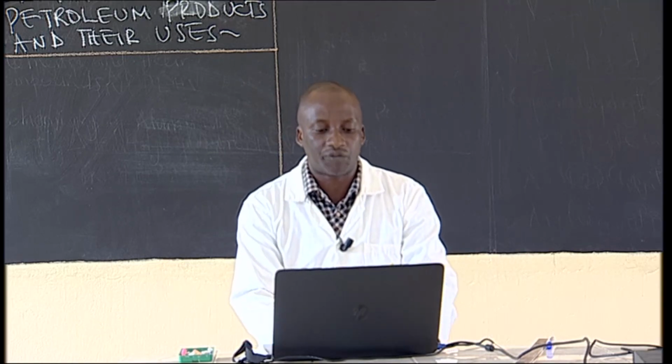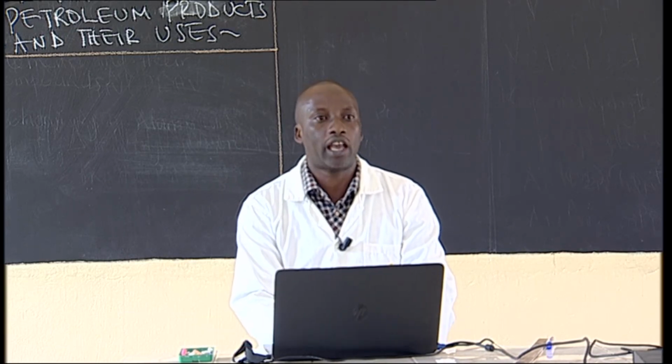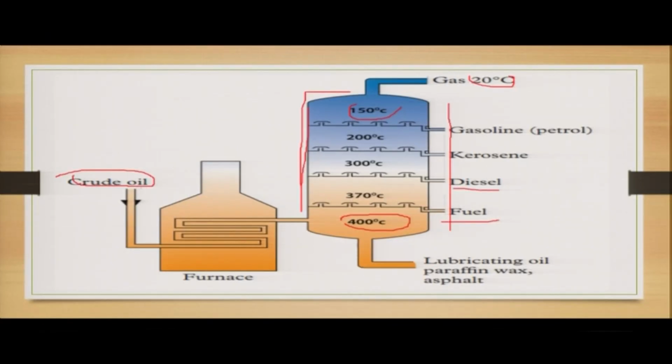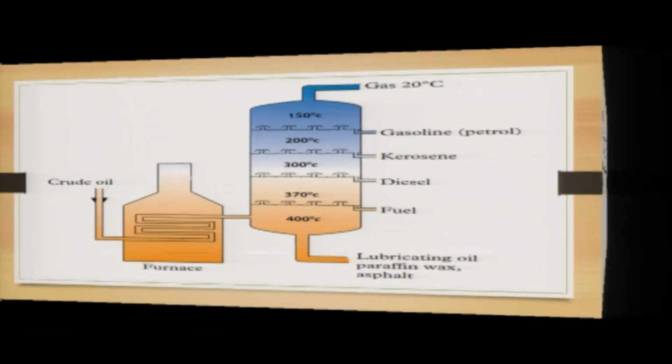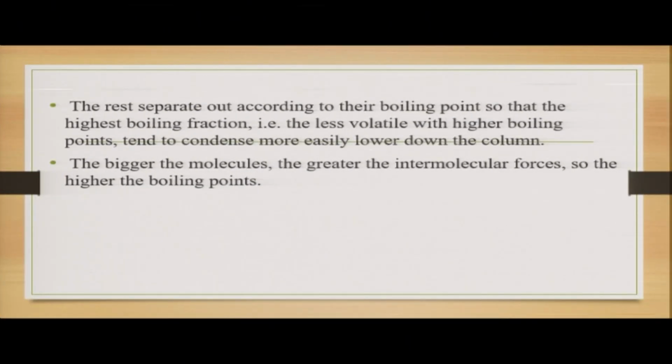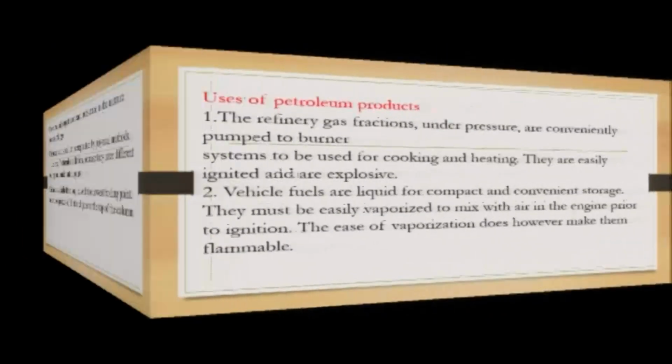If you look at the fuel, diesel, kerosene, you see the temperatures keep on changing, depending on the substance that is eliminated out of the fractionating column. The ones with smaller molecules, with low boiling points and low intermolecular forces, will be produced at the top.